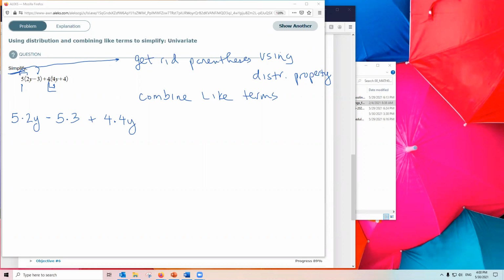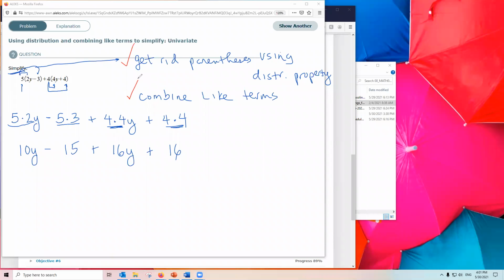And then finally, this 4 multiplies that 4 in the back. All right, well, let me do all these multiplications because I have 5 times 2, that's 10y. 5 times 3 is 15. 4 times 4 is 16, so that's 16y. And back here, I have 4 times 4, that's 16.